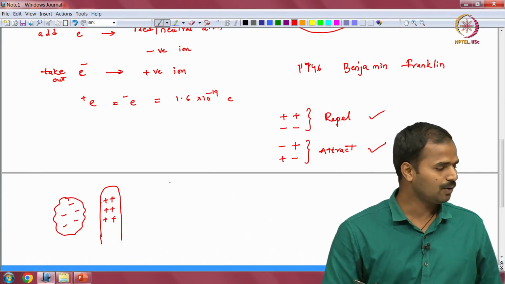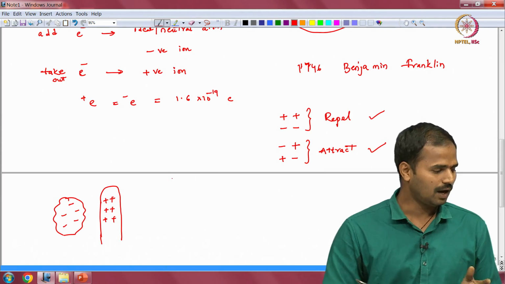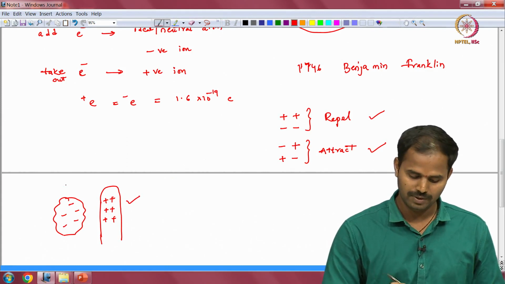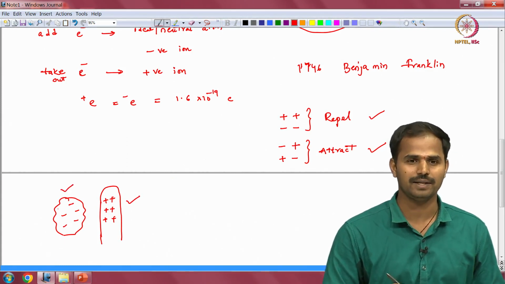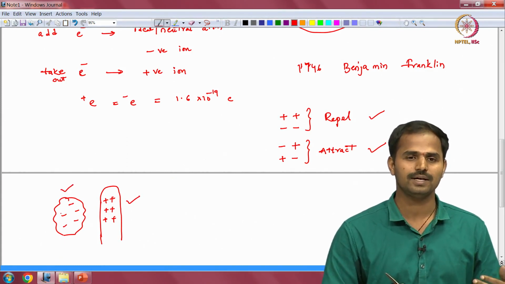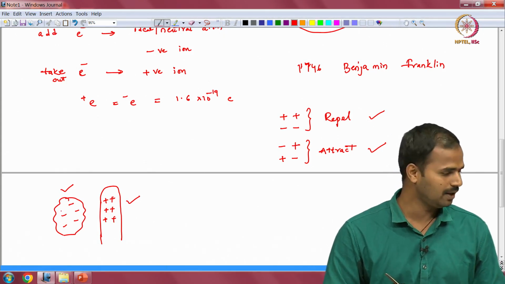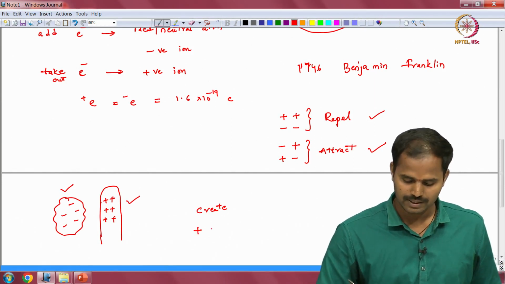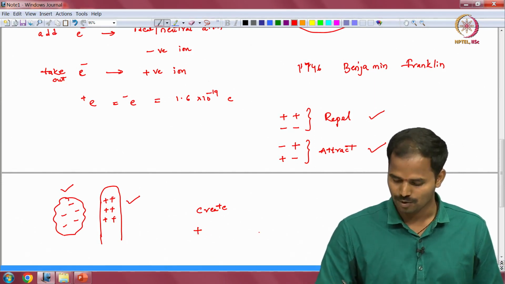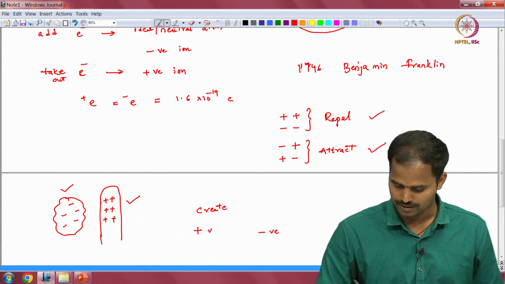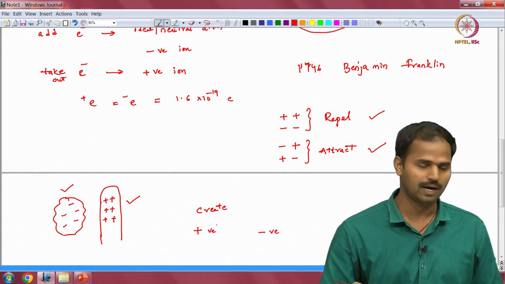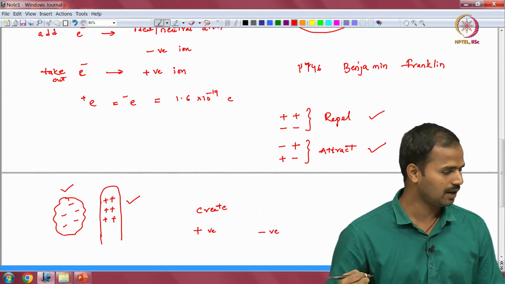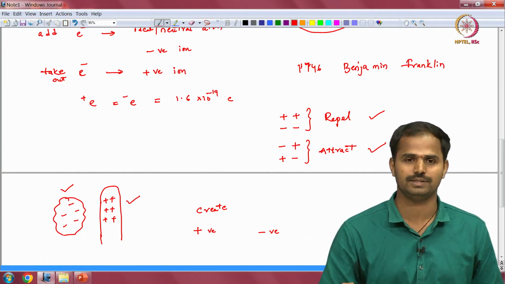He concluded that the number of electrons lost by the glass equals the number of electrons gained by the cloth. That is the charge conservation principle. We cannot create charge, but if one gets positively charged, the other automatically gets negatively charged. In a completely isolated system, the total electrical charge will not change.